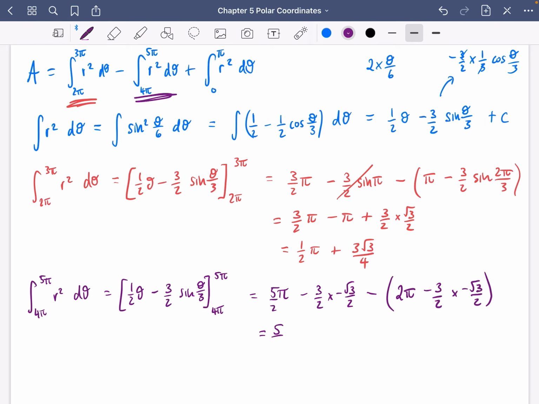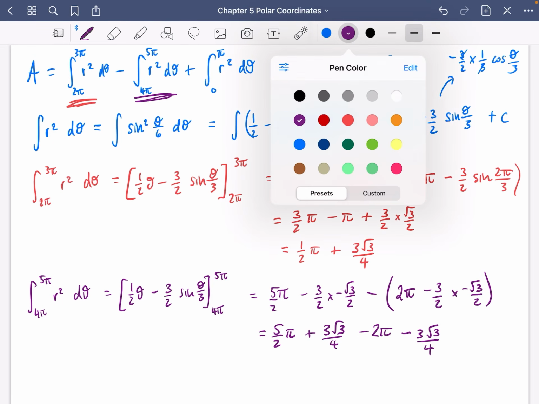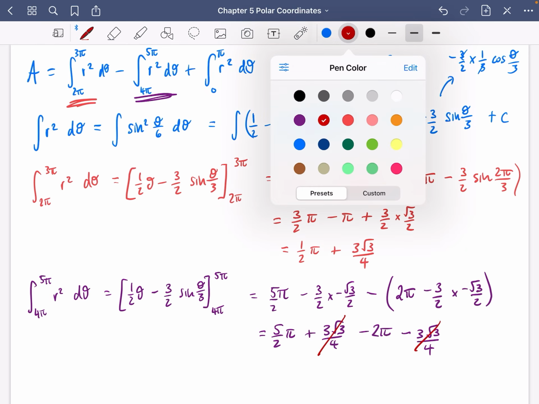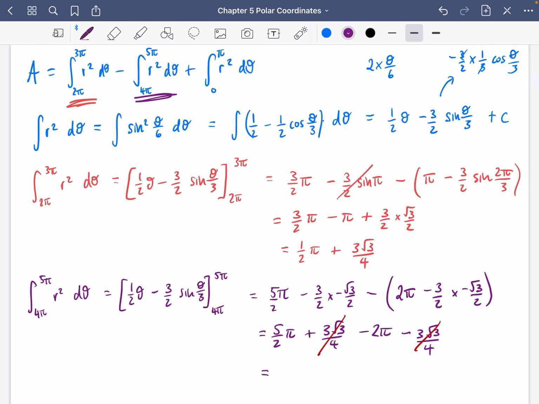So we have 5 over 2 pi plus 3 root 3 over 4 minus 2 pi, and then this is a negative times a negative times a negative, so it stays as a negative, minus 3 root 3 over 4. And so what you'll spot happening here is that these are going to cancel, and so this simplifies to just 5 over 2 pi minus 2 pi, which is just a half pi.